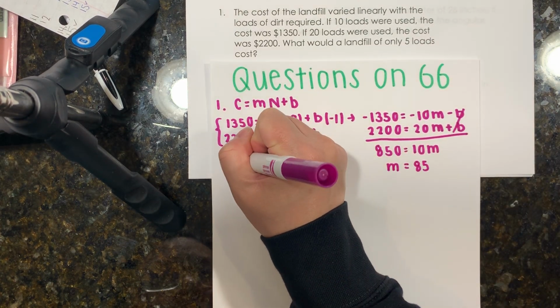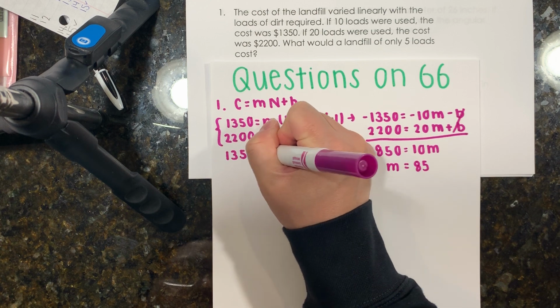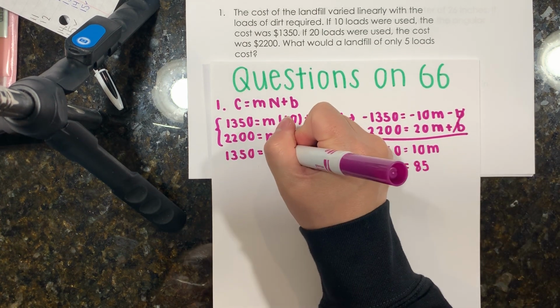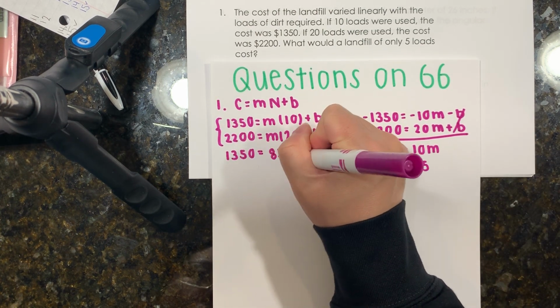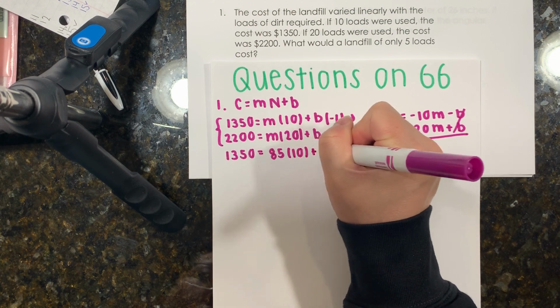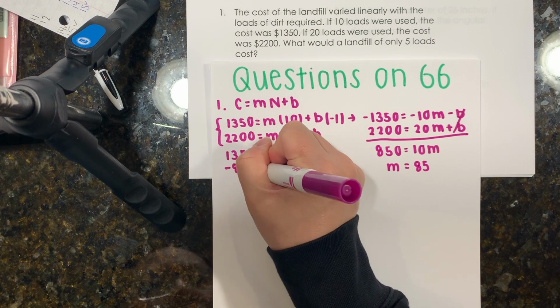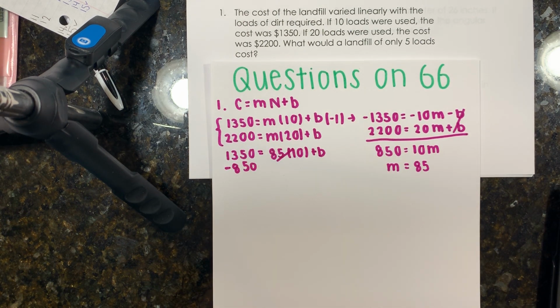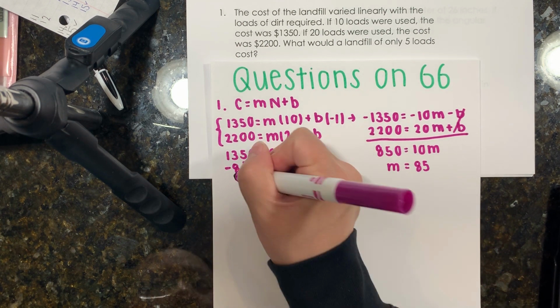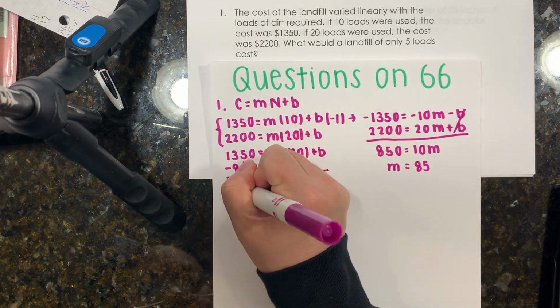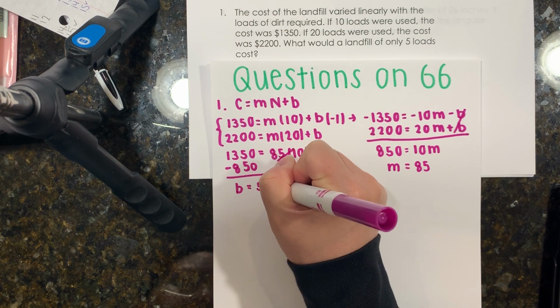I'm going to plug it into the top equation because the numbers are smaller. So it'd be 1,350 equals 85 times 10 plus B. So we're going to subtract 850. So 1,350 minus 850 would give us 500. So that means B equals 500.